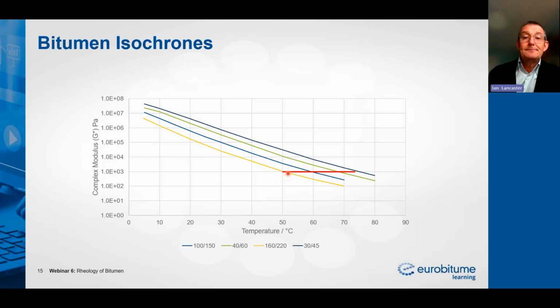Our red line here is showing us that 162.20, the yellow line, has a similar stiffness at 50 degrees as our 3045, which is a very hard grade of bitumen, has at almost 80 degrees. So you can see the relationship between the two.